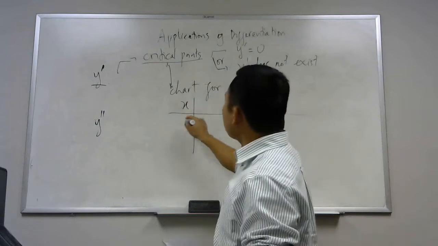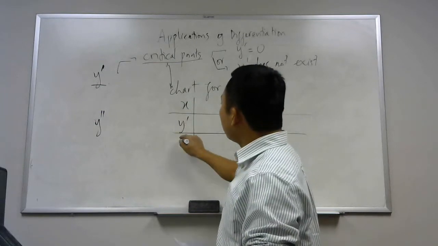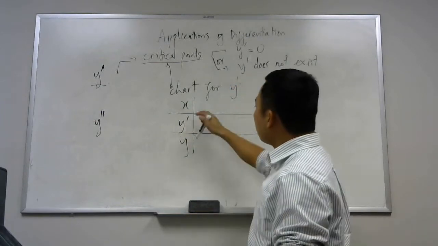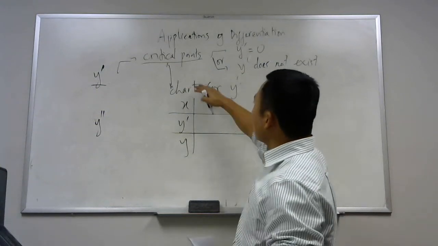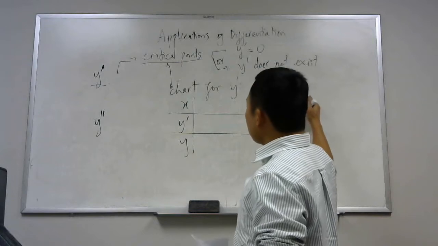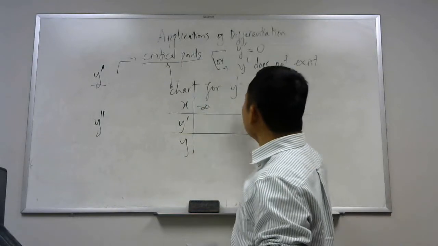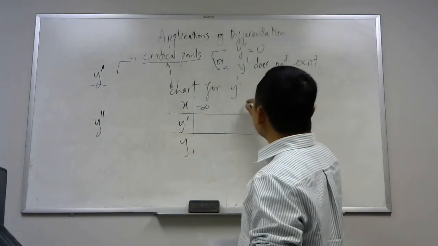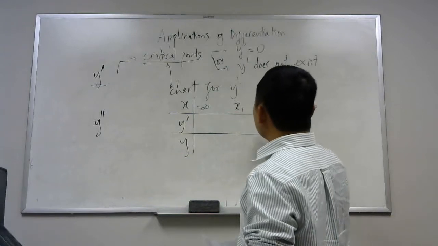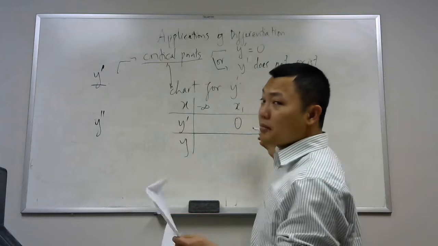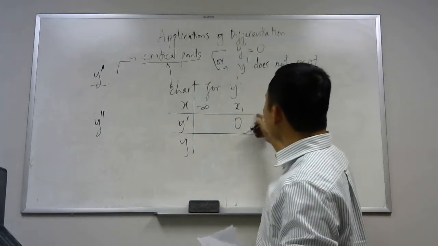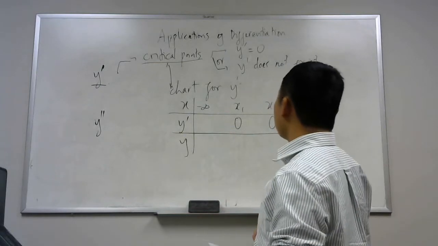Here you have x, here you have y prime, here you have y, right? In the first row, you express the domain of the function and all critical points and all special points in here. For example, negative infinity, positive infinity, and you have x1, x2 in here, right? Like at x1 and x2, suppose, the first derivative is equal to 0.